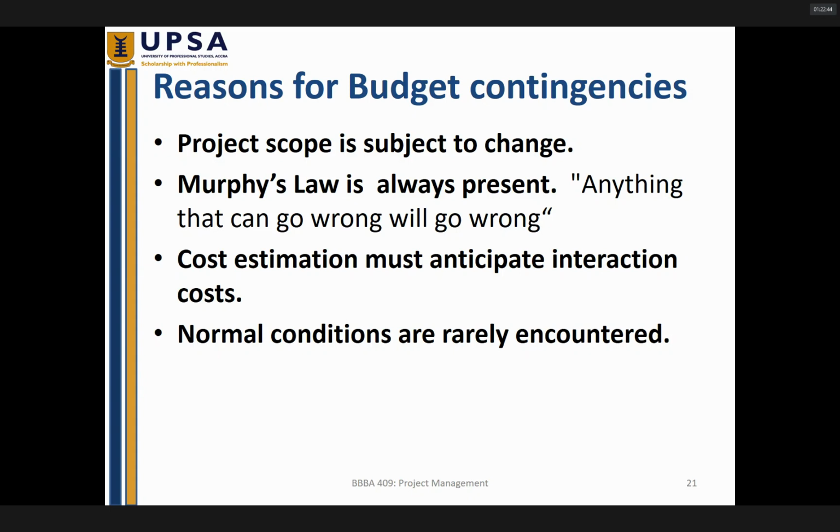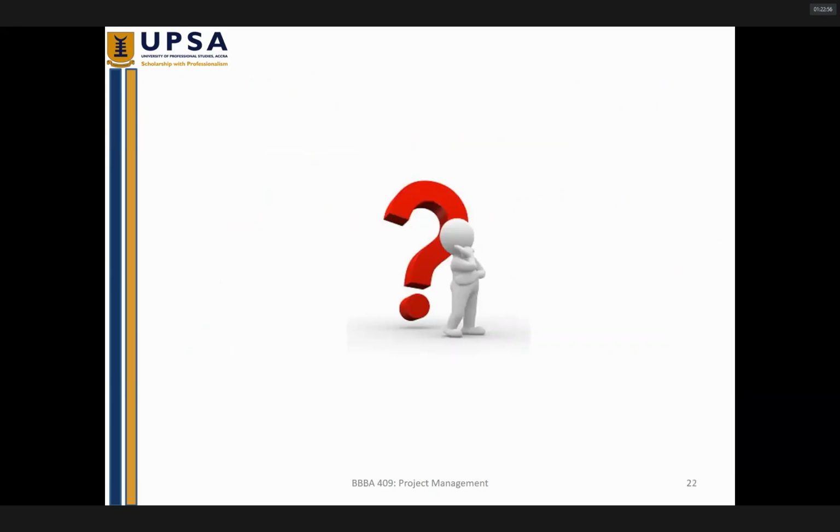So we are done with project budget or project contingency, the entire lesson for this particular one. But let's strike a deal here. I have another lesson I want to start.